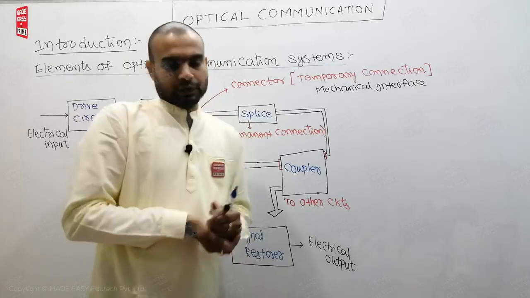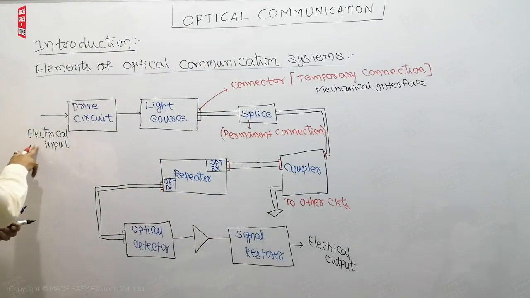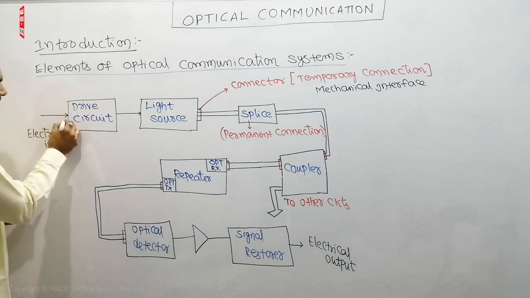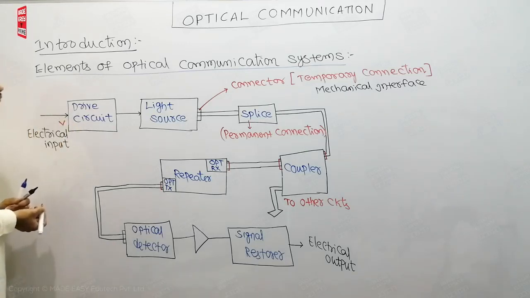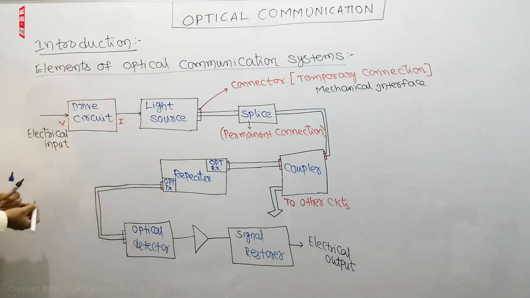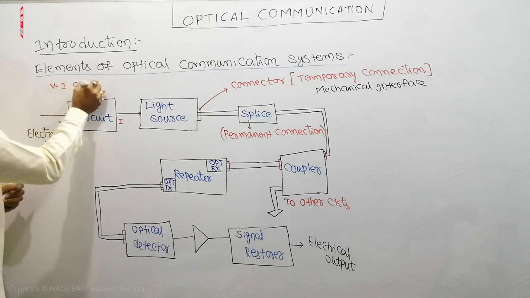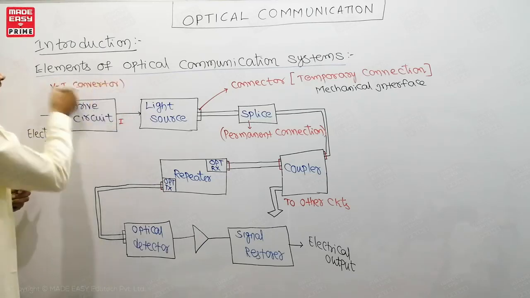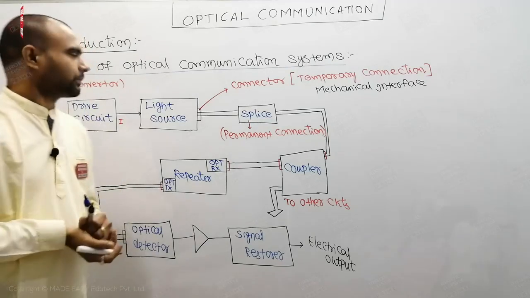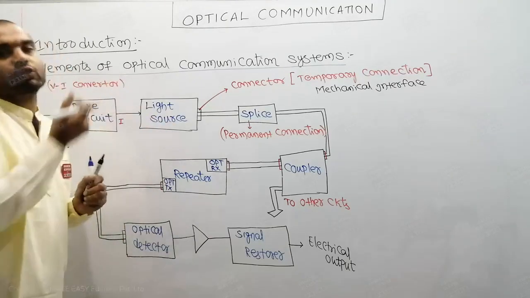The electrical input that we give, whatever the voltage we have, is converted into a current by the drive circuit, which acts as a voltage to current converter. After that, that current is passed through the light source.